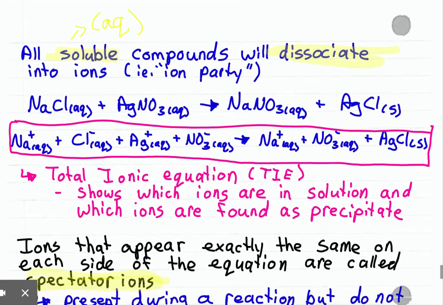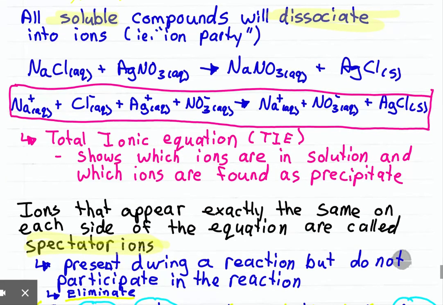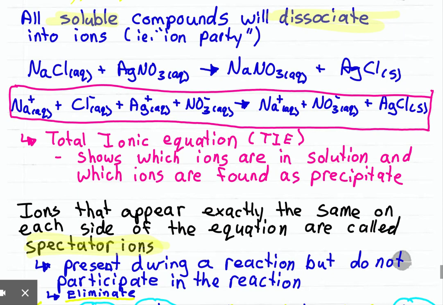Okay. Now, if we look at our equation here, we can see that we have some ions that appear exactly the same on each side of the equation. We have a sodium ion in our reactants, and we have a sodium ion in our products. We have a nitrate ion in our reactants and a nitrate ion in our products. They appear exactly the same.